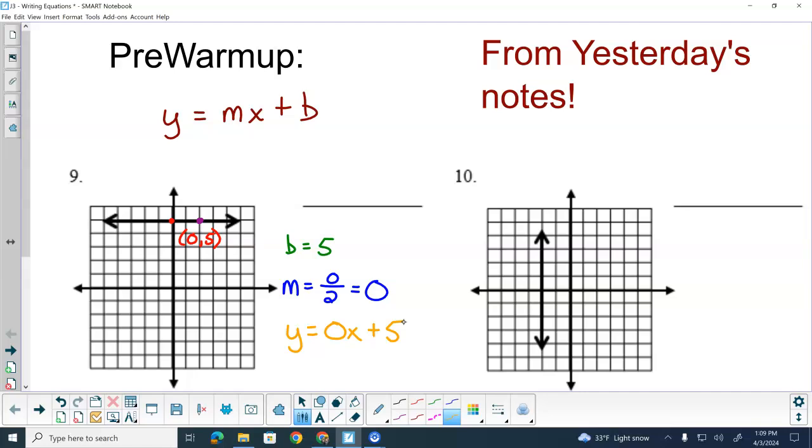So, if there's no slope, do I have to write that part then? No, right? Because 0 times x is just 0, right? And 0 plus 5 is 5. So I can just write this one as y equals 5. And that's it.